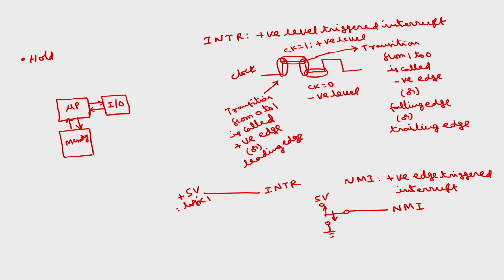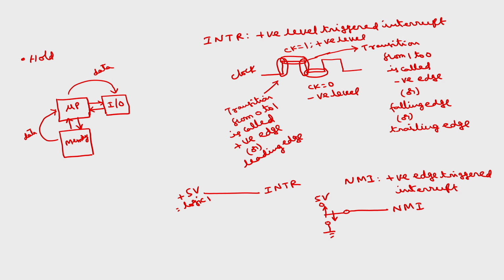Because the microprocessor has address and data buses, if the memory wants to transfer data to the IO, the regular process is that first memory will transfer the data to the microprocessor, then from the microprocessor the data goes to the IO. Address and data buses are required for the data transfer, which is why the memory first places the data into the microprocessor, and then from the microprocessor the data goes to the IO.